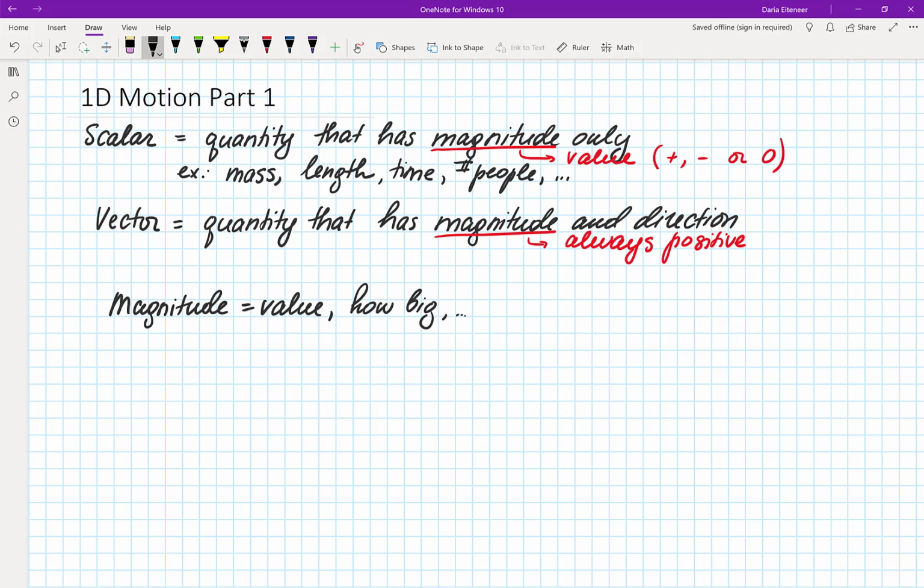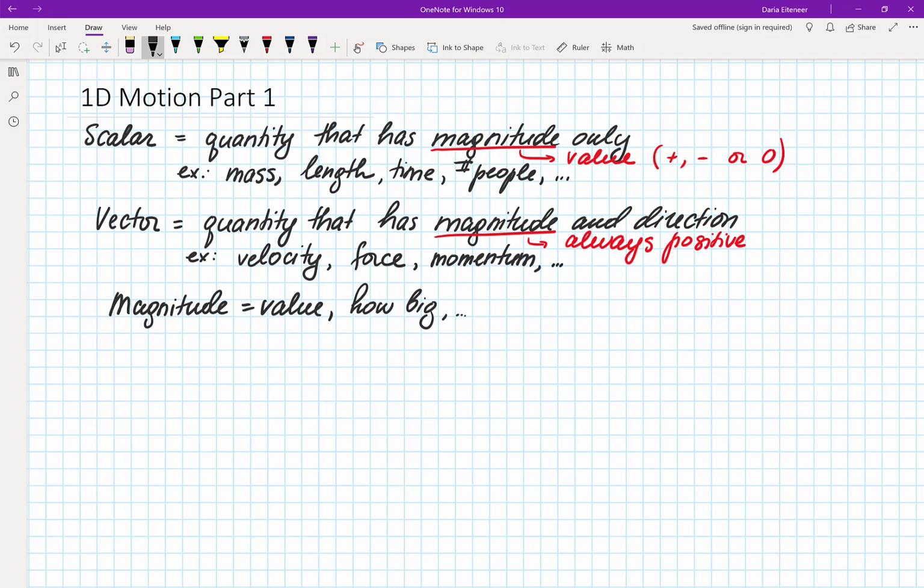Now, a vector is something that has a direction. Again, something that you know from everyday life. Maybe you have heard of the term velocity. If you haven't, that's okay. We'll talk about that in just a minute. Maybe you have heard the term force. That's a vector. Maybe you have heard the term momentum.